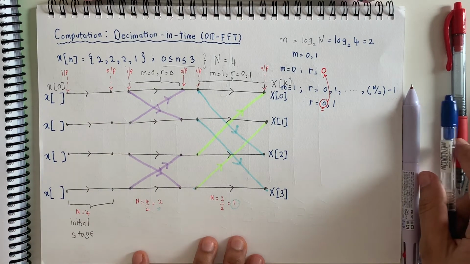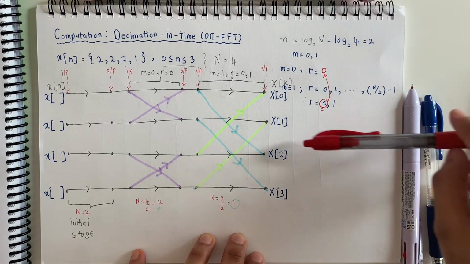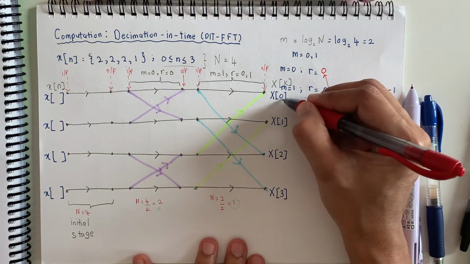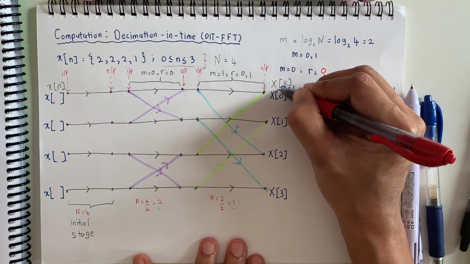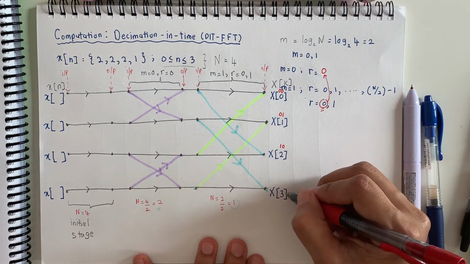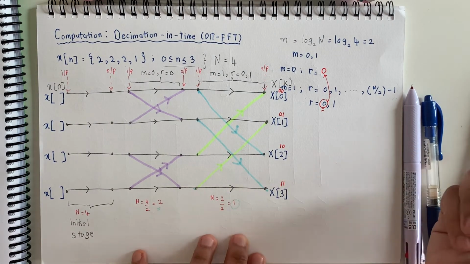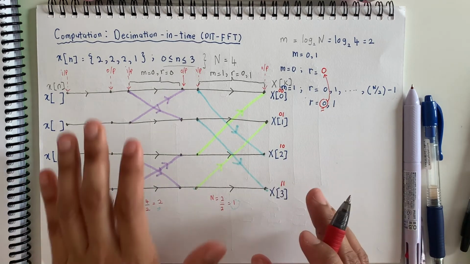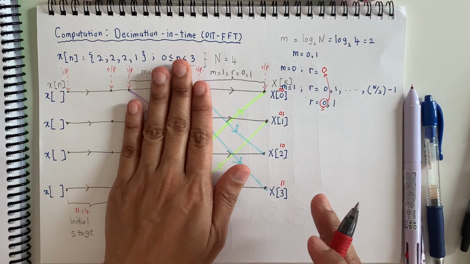So how to do bit reversal? You need to convert your decimal number to binary number. So 0 is 00, 1 is 10, 2 is 01, and 3 is 11. When I say bit reversal, you can imagine in between you have a mirror.